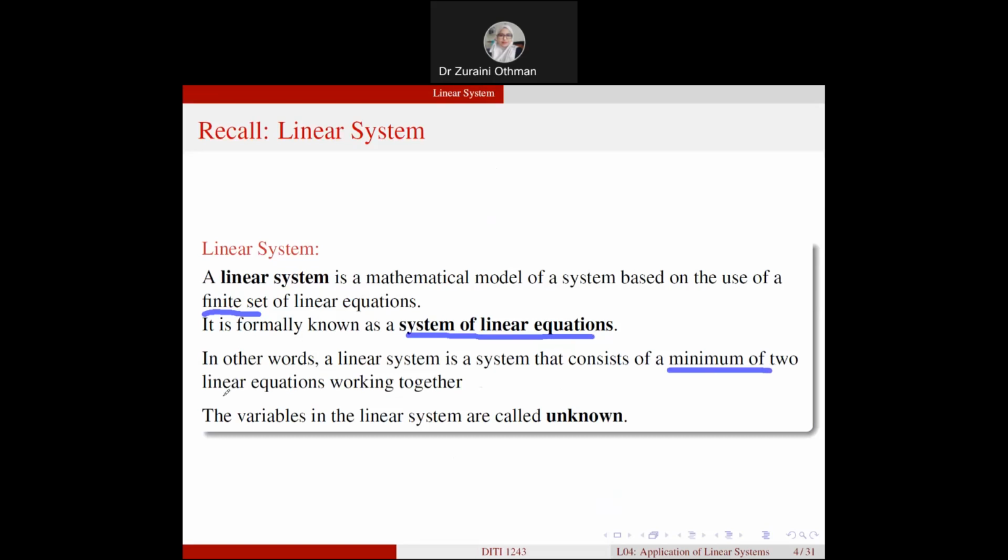And variables in the linear system are called unknowns, like you usually see in 2x plus 3y. This is our unknown y and unknown x.